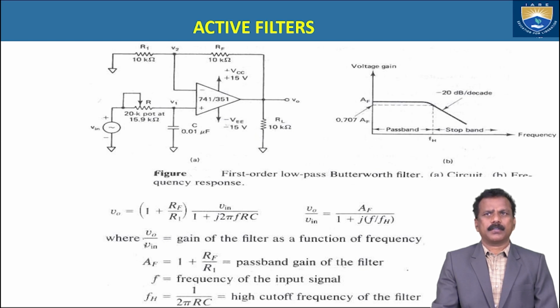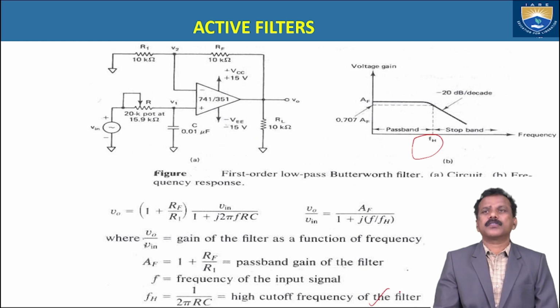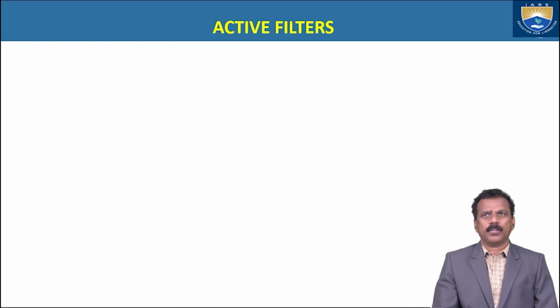After that, we verify the output response with reference to frequency versus voltage gain, so you can verify the stop band and pass band. Typically it is observed by calculating FH, the high cutoff frequency of the filter, which is measured as FH equal to 1 by 2 pi RC.